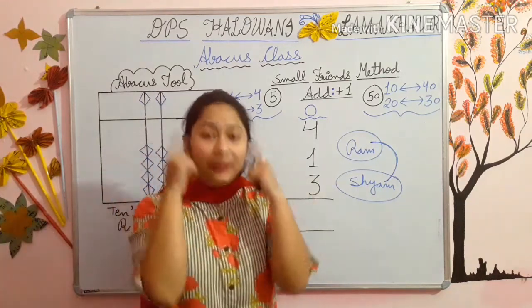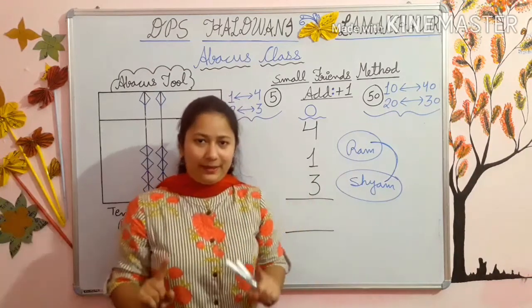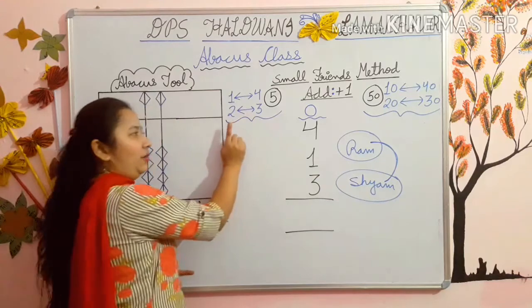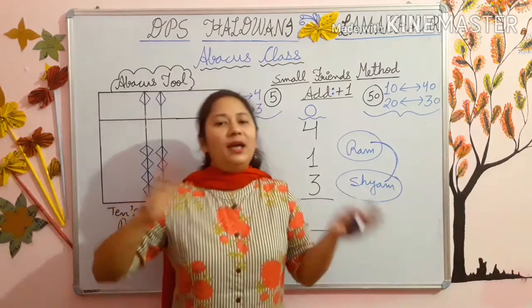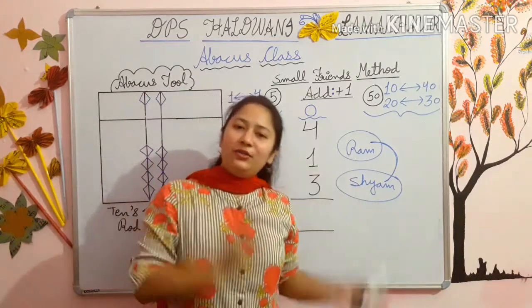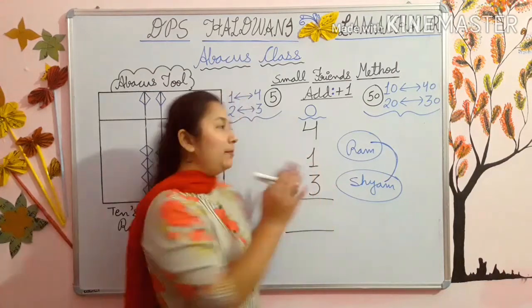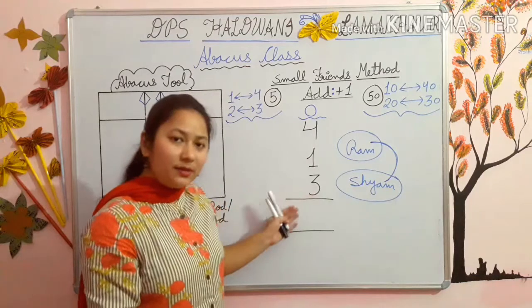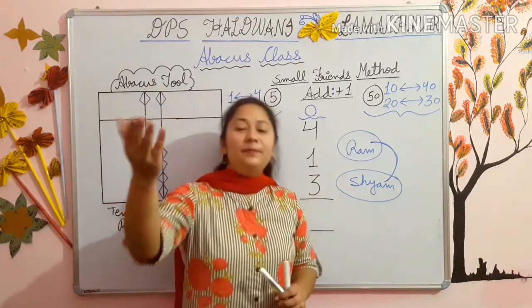This you have to learn, you have to remember it. And 2 is the friend of 3 and 3 is the friend of 2. Kids, just remember this because we will use this afterwards also in our sums and in other PDFs also.